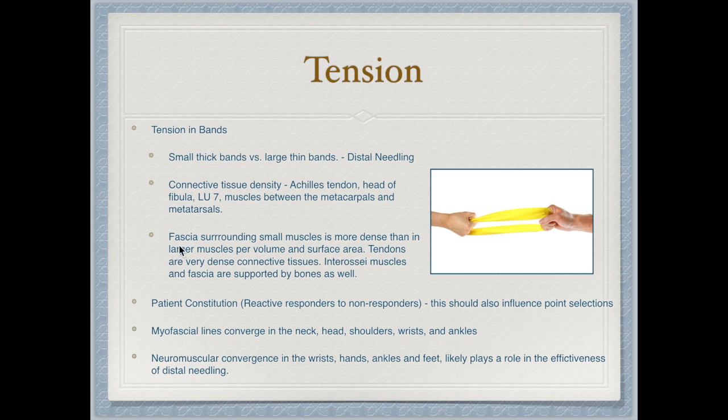So this next point reads, fascia surrounding small muscle is more dense than in larger muscles per volume and surface area. Tendons are very dense connective tissues, and the interossei muscles and fascia are supported by bones as well.